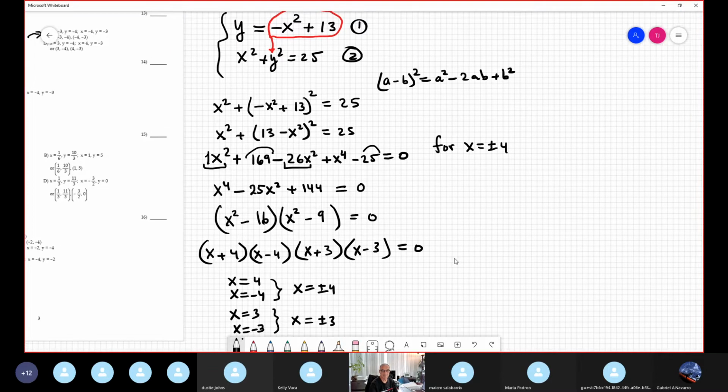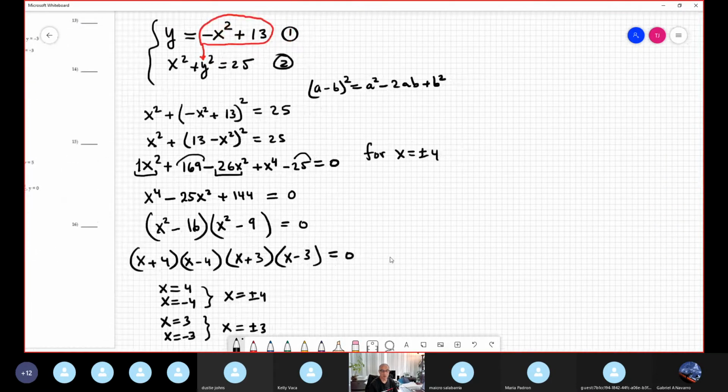Why? Because when you square, it doesn't matter if it is positive or negative. Be careful with the sign: negative plus or minus 4 squared plus 13. So it doesn't matter if it's plus or minus, when you square it becomes positive 16. So actually negative 16 plus 13 is negative 3.